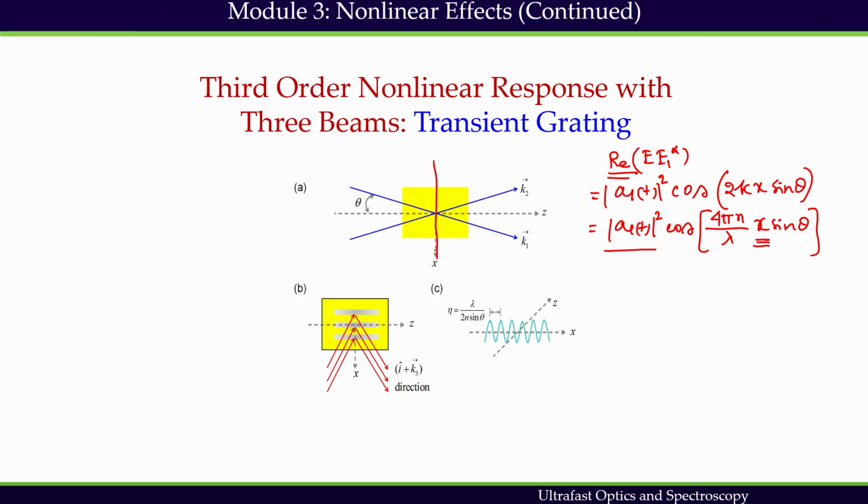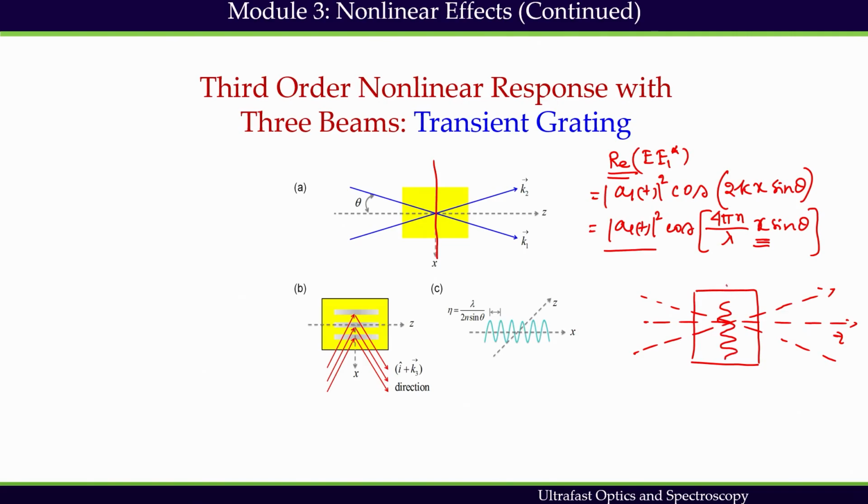So if the medium is like this, and two beams are interacting, propagating along this direction, this is my z direction, then the variation of the intensity will occur along this direction.